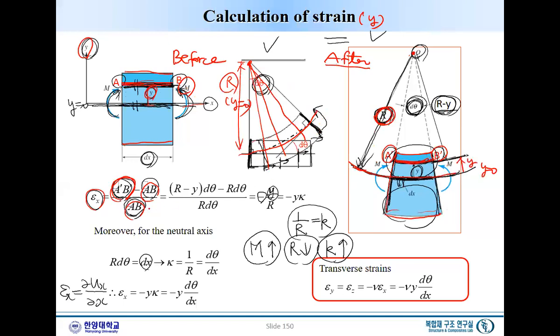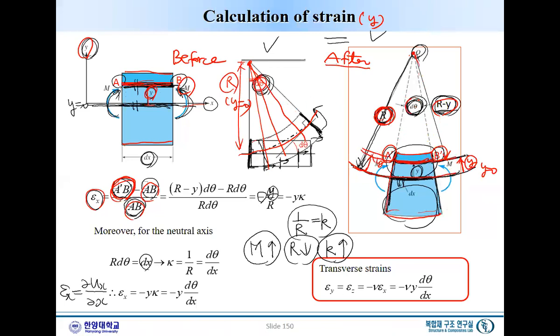What is the length A prime B prime in terms of R? Let's take a look at A prime B prime, because this is the Y and this is R. So from the center, the radius from here to there is R minus Y. And now, as you can see, that is all d theta.